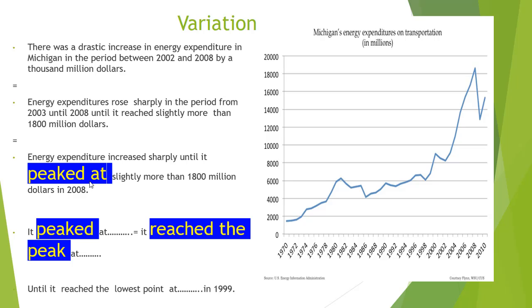One more thing: until it reached the lowest point at, look at the last line in this page, until it reached the lowest point at, here in this graph, about $13,000, okay, in 1999. So two points you need to cover in your analysis: the highest point, which is the peak, you say peaked at, and the lowest point, you say until it reached the lowest point at $13,000 in 1999.